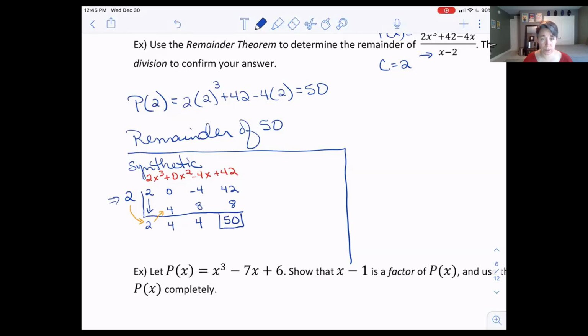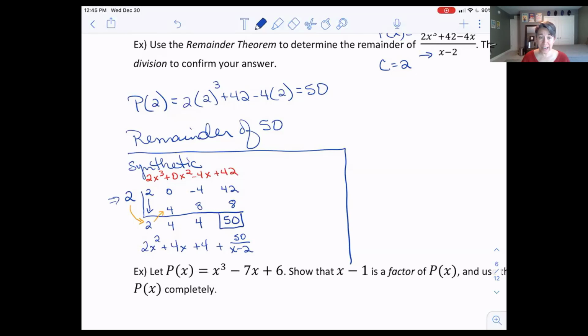And for those of you who haven't been that familiar with synthetic, what those other numbers mean, the 2, the 4, and the 4, is those are the coefficients of the polynomial that's remaining after we divide. So since we started with a 2x cubed, this means we're left with a 2x squared, 1 degree down, plus a 4x, plus a 4, and with a remainder of 50 over our divisor, which was x minus 2.